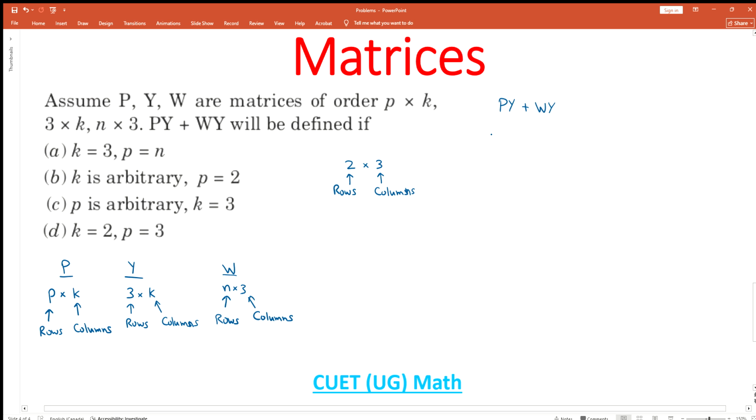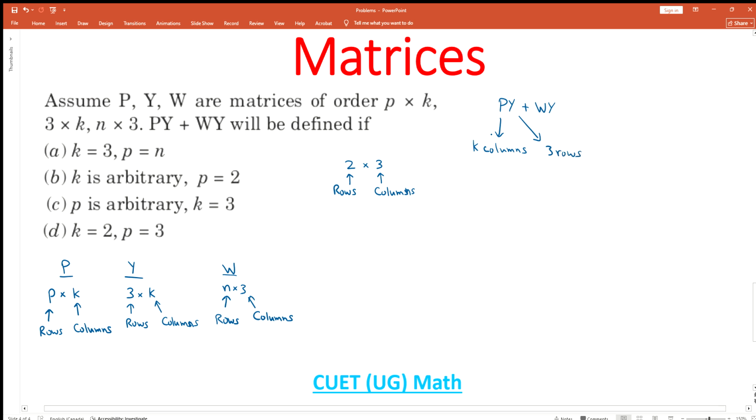For multiplication of two matrices, number of columns in the first matrix should be equal to the number of rows in the second matrix. The first matrix is P and number of columns in matrix P is K. And number of rows in matrix Y is 3.